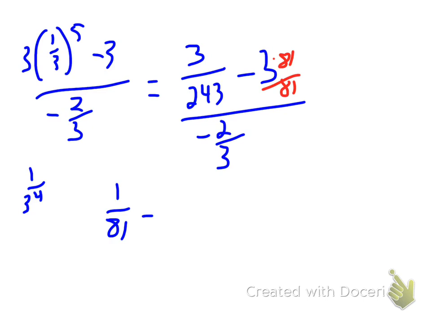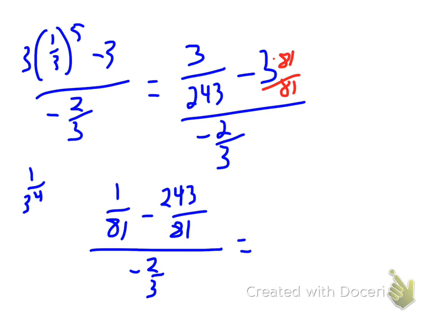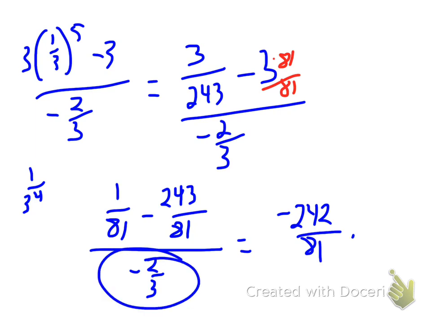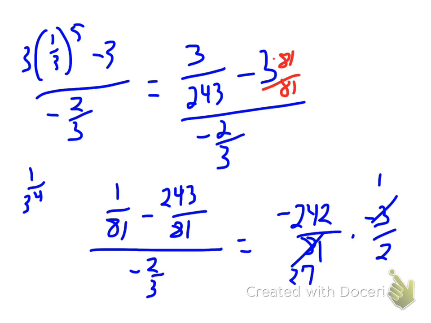So I'm going to end up getting 243/81 over negative 2/3. So that now gives me, in my numerator, a negative 242 over 81 times the reciprocal of the denominator, so a negative 3 over 2. 3 over 81 I can reduce down to 1 over 27.